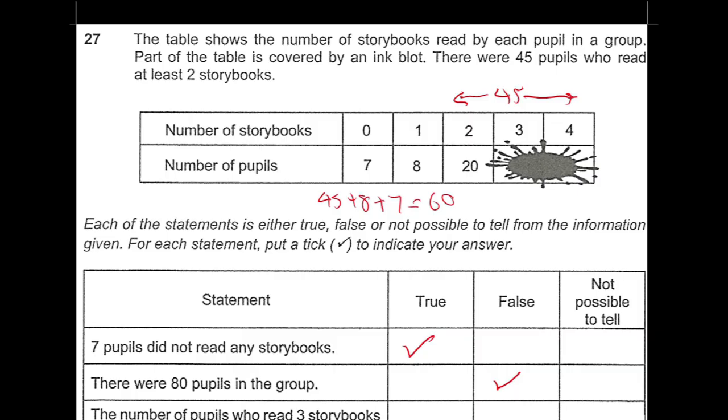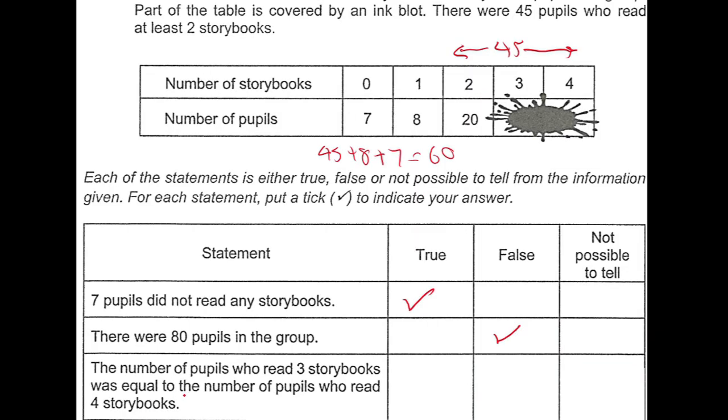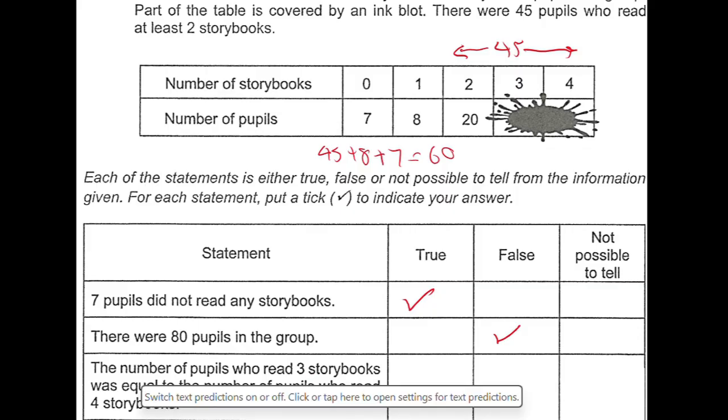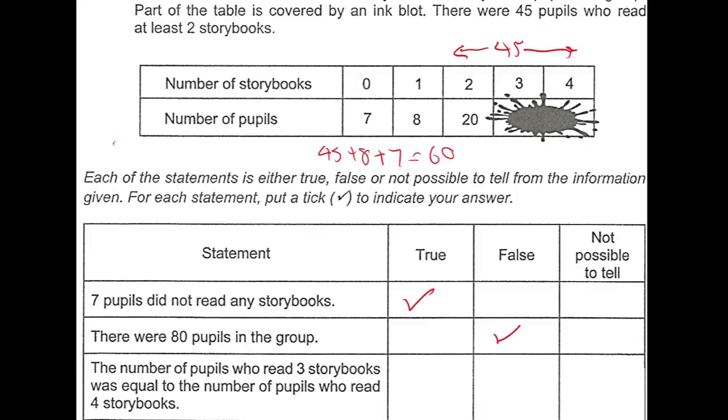The last part. The number of people who read 3 storybooks is equal to the number of people who read 4 storybooks. Is it true? He's saying these two numbers are the same. Let's check. In total there are 45 students who read 2 or more books.